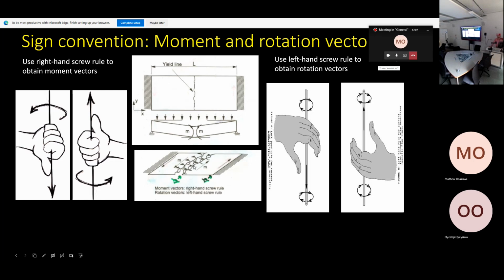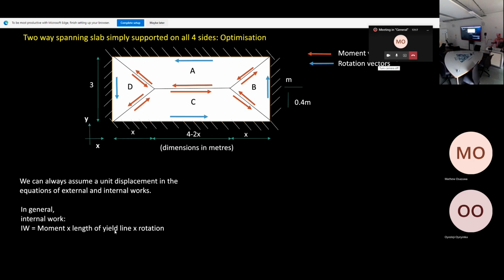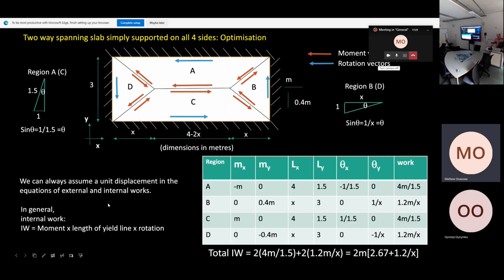You can see the moment is applied over the length. So you need to multiply it by the length of the yield line. So moment times length of the yield line times rotation. So it's always mx, lx, theta x plus my, ly, theta y.